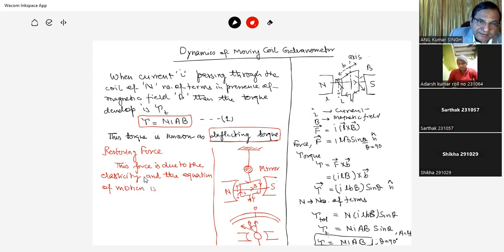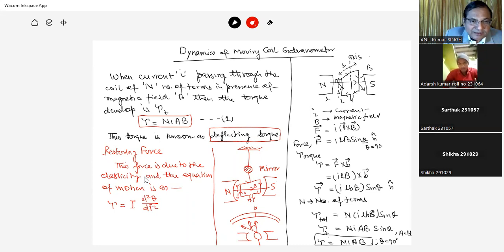Here I is the moment of inertia, and I d2 theta by dt square is the torque.